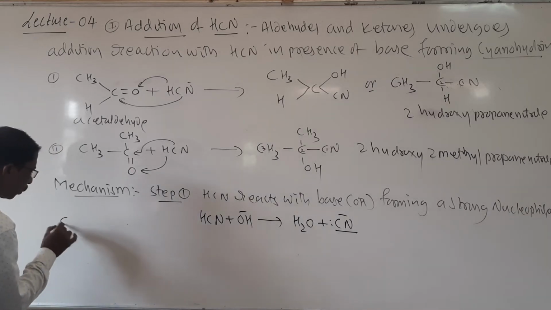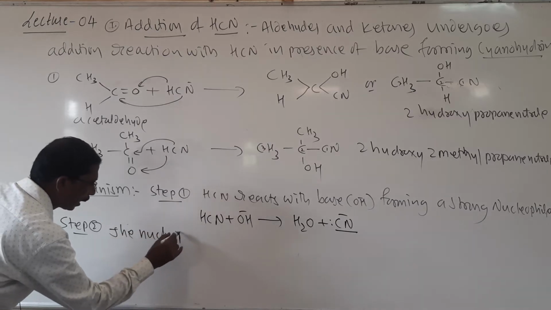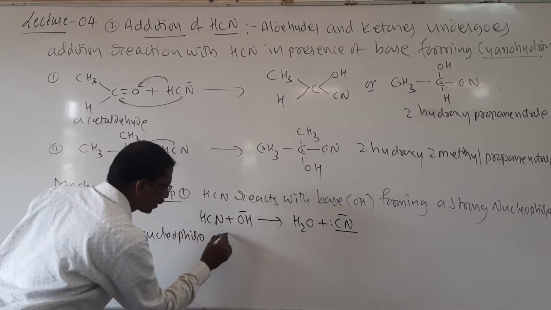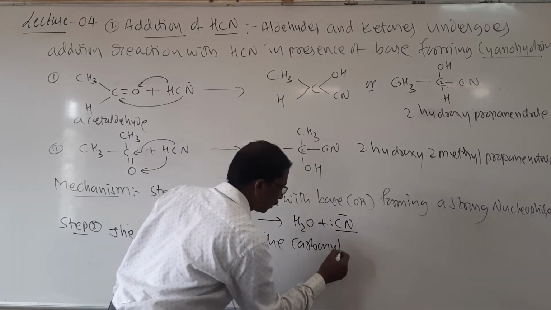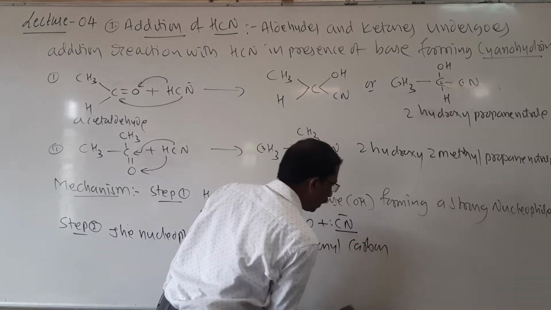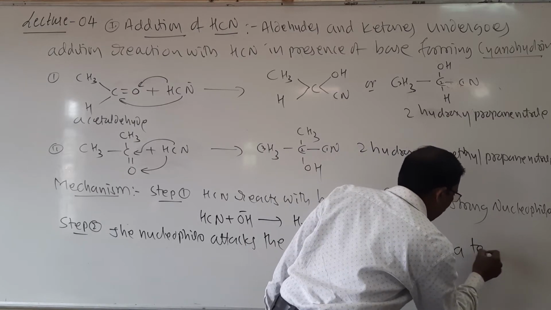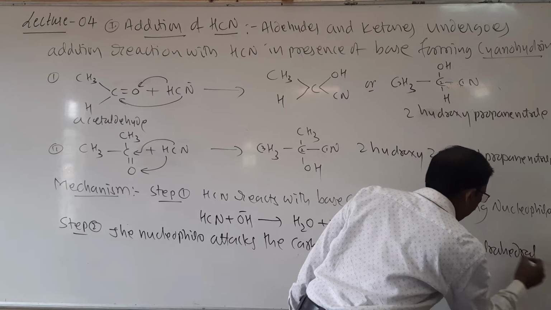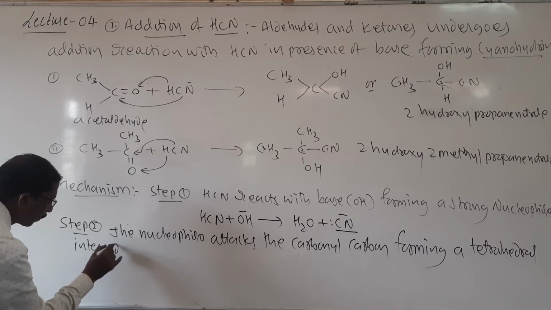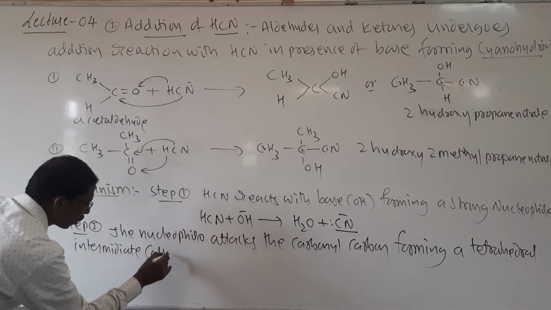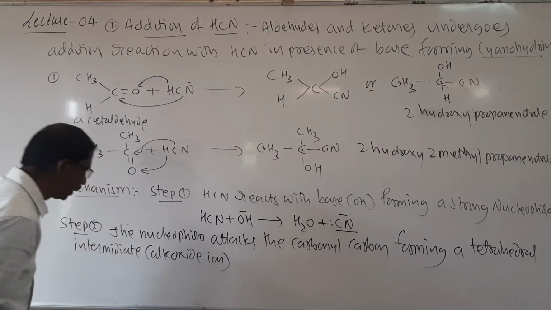And then step 2, the nucleophile attacks the carbonyl carbon, forming a tetrahedral intermediate, or it is also called alkoxide ion, tetrahedral intermediate.